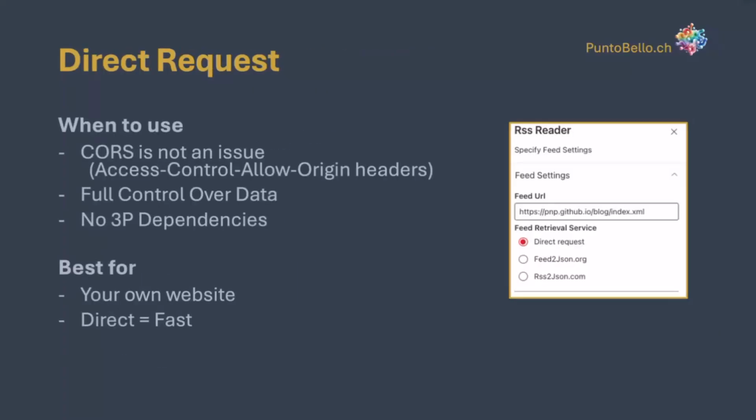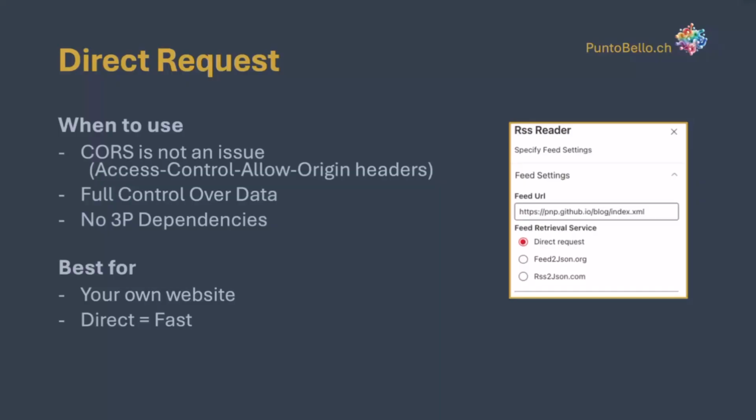So the first one, the direct request. When to use it: when CORS is not an issue, when the Access-Control-Allow-Origin headers are set from a blog, for example the PnP blog, we can directly call the PnP blog and it will work.